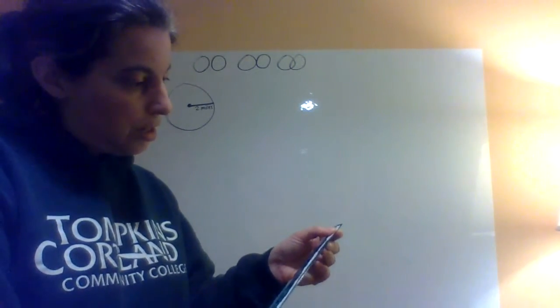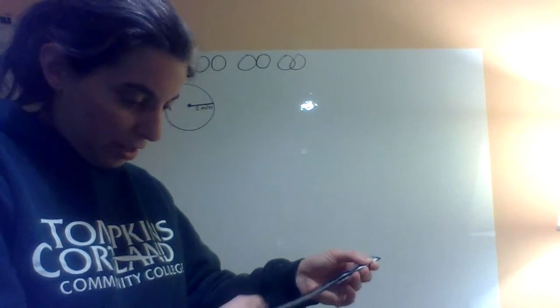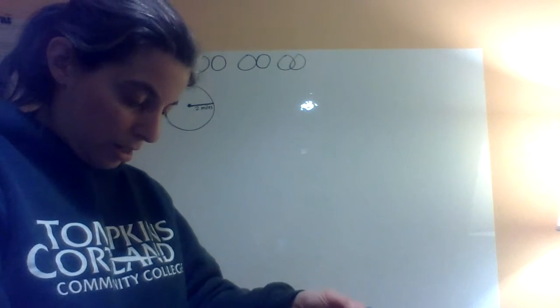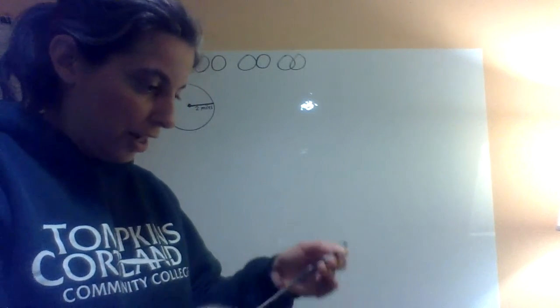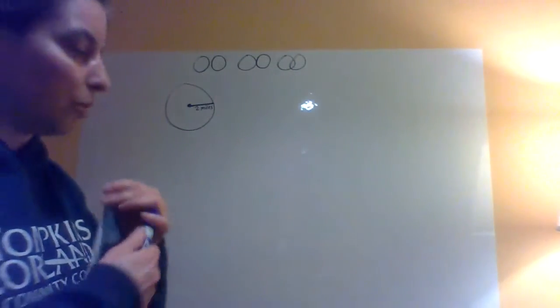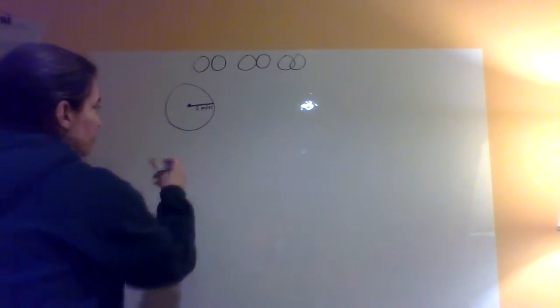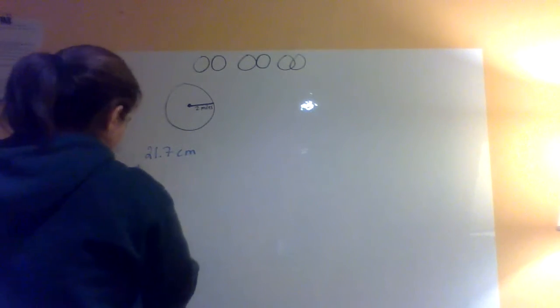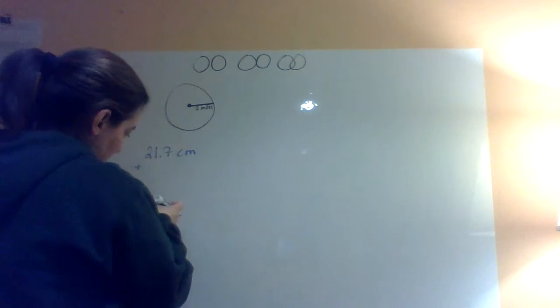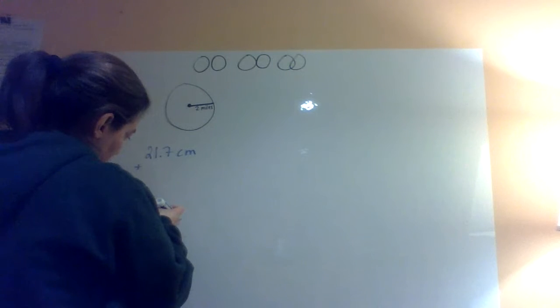And when I measure this it's 21.7, and then I have to add this other little part here. So let me write this up here so I remember. 21.7 centimeters plus my other part that got me the rest of the way around my circle is 4.5.